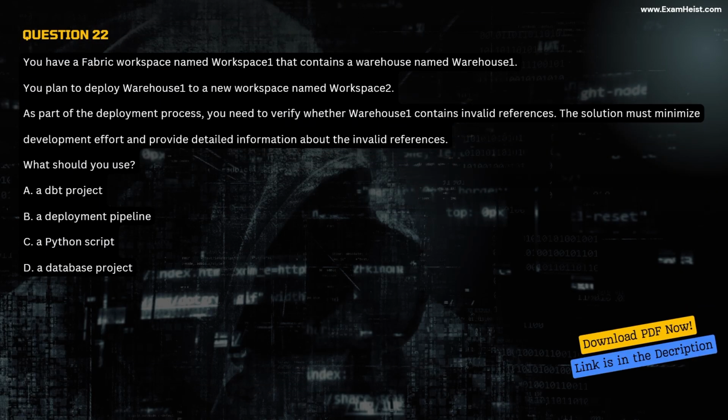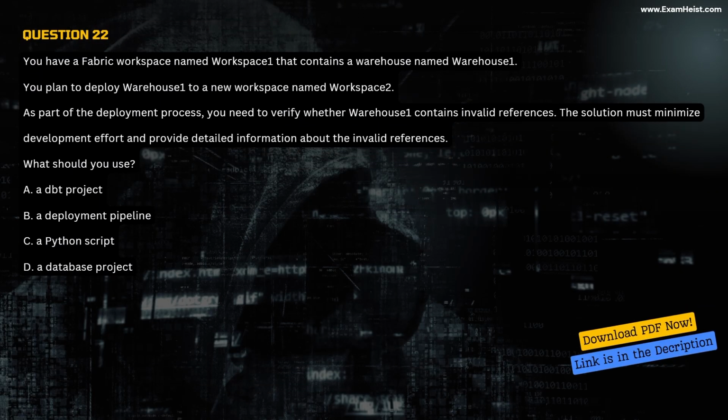Question 22. You have a Fabric workspace named Workspace 1 that contains a warehouse named Warehouse 1. You plan to deploy Warehouse 1 to a new workspace named Workspace 2. As part of the deployment process, you need to verify whether Warehouse 1 contains invalid references. The solution must minimize development effort and provide detailed information about the invalid references. What should you use?